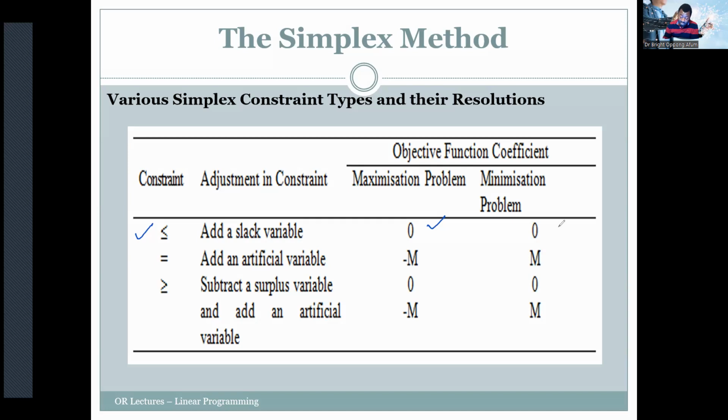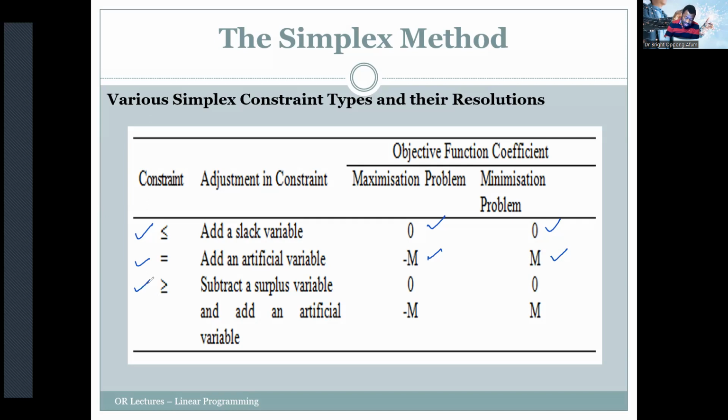If it's a minimization problem, you also add a slack variable, but the coefficient is also 0. If it's an equals to constraint, you add an artificial variable, and if it's a maximization problem, you put in a negative m as the coefficient in the objective function. But if it's a minimization, you put in a positive m so that it doesn't go into solution, or doesn't affect the function.